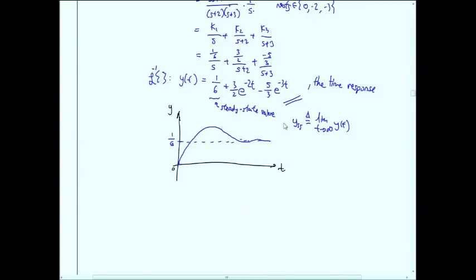I can also find this final value, the steady state value, using the final value theorem. Y steady state by final value theorem.